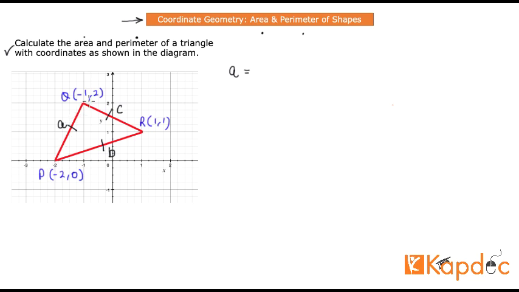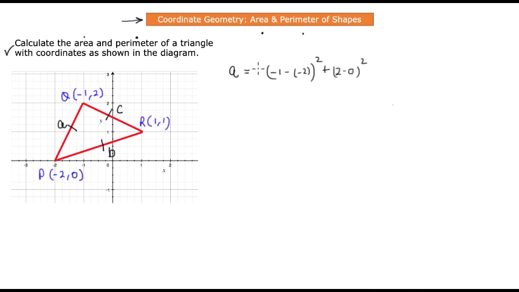Using the distance formula in coordinate geometry, A is equal to the difference of x coordinates of these two vertices P and Q. So that will be -1 minus -2 and whole square of that, plus the difference of y coordinates, which will be 2 minus 0 squared, and this whole thing comes under a square root. And this will be the square root of 5, which is equal to 2.23.